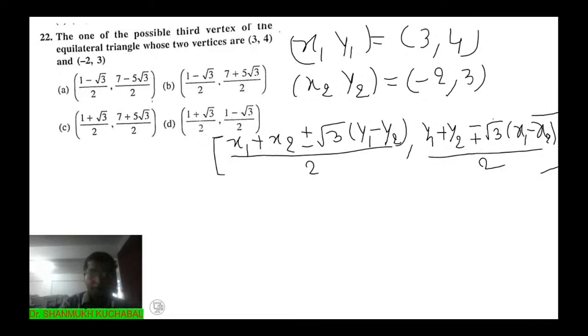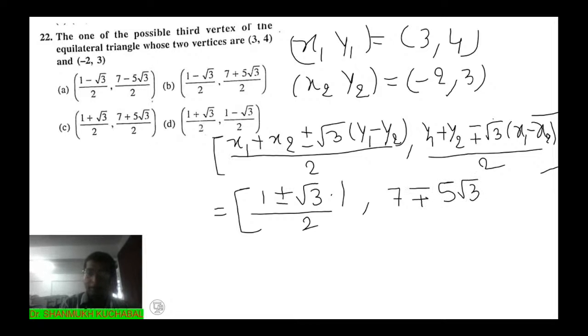If we simplify this, we get (1 plus or minus root 3) divided by 2, and (7 minus or plus 5 root 3) divided by 2. So we get (1 plus root 3) divided by 2, (7 minus 5 root 3) divided by 2, like that we get the solutions. So option B is the right solution here.